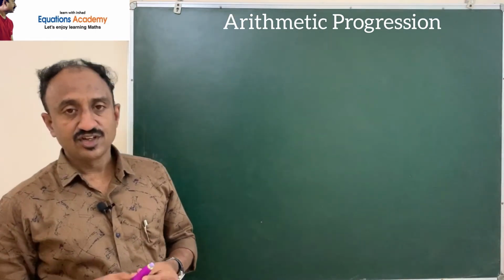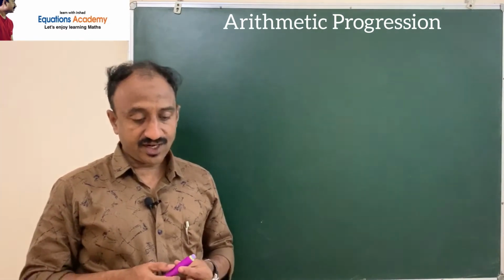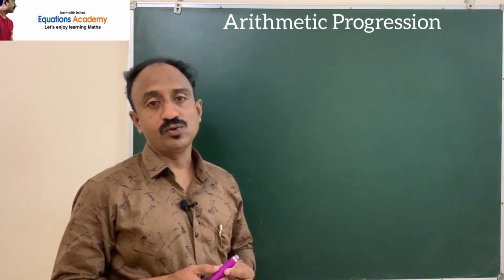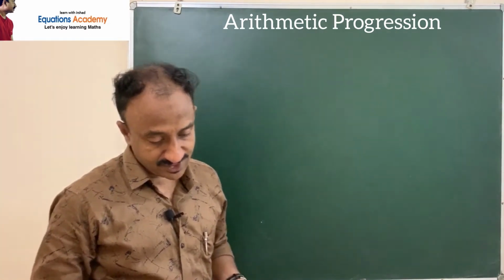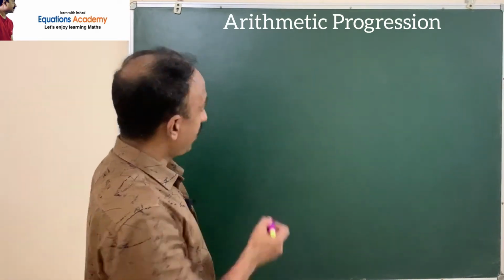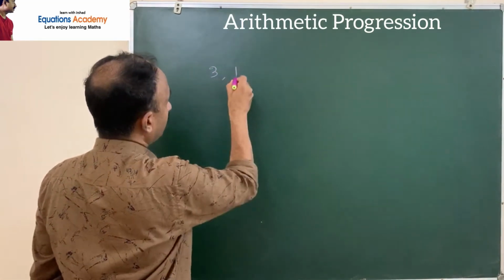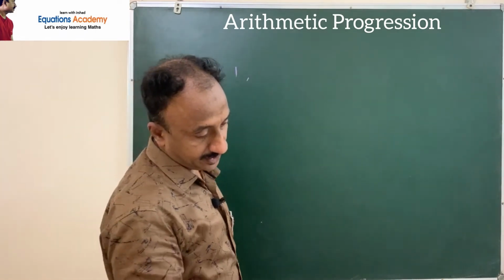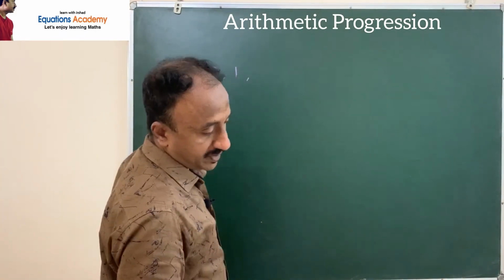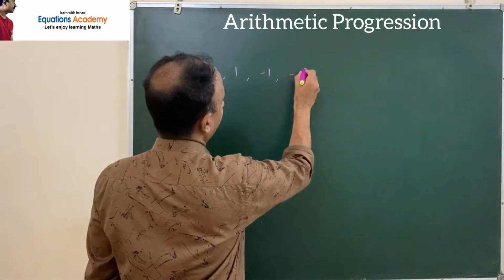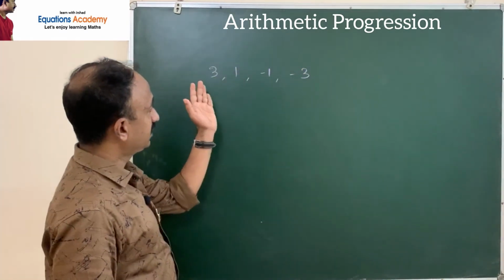Question 3 says, for the following APs, write the first term and the common difference. The first question is 3, 1, minus 1, minus 3. These are the terms.